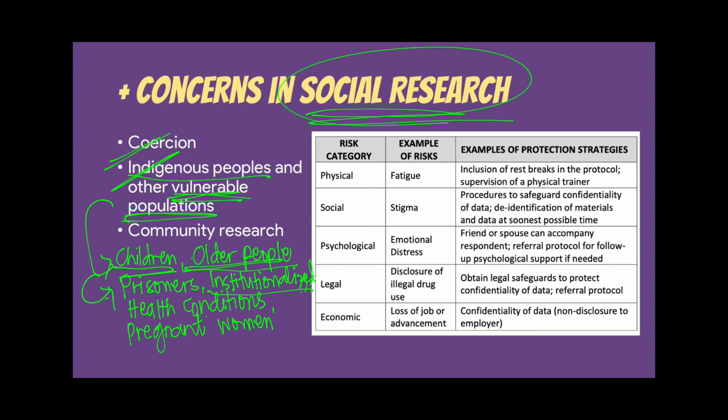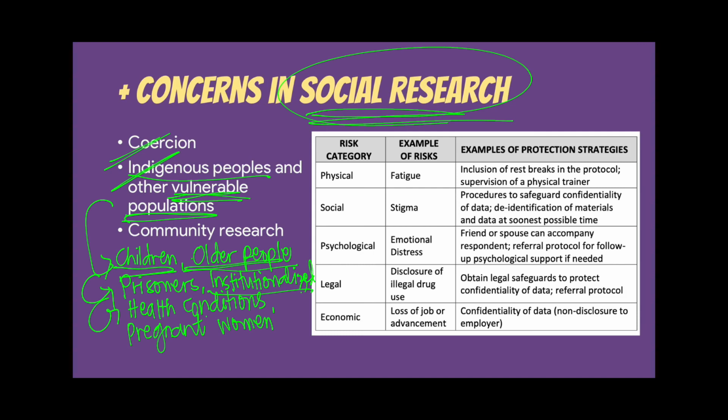And then, of course, people with mental and health conditions. If the participant has a health condition, the researcher must provide extra safeguards to this participant, for example, providing access to medical care.